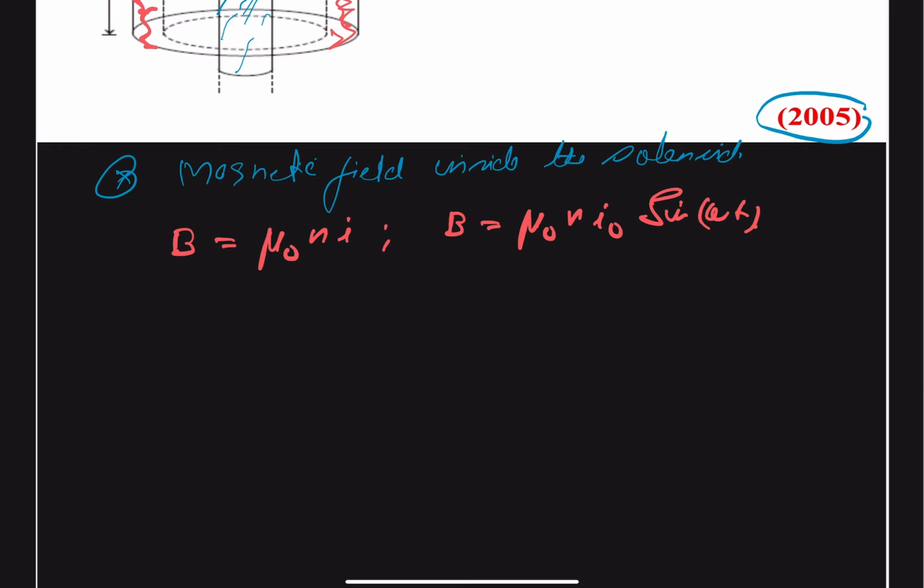Now because of this magnetic field, we can find out the flux through the shell.